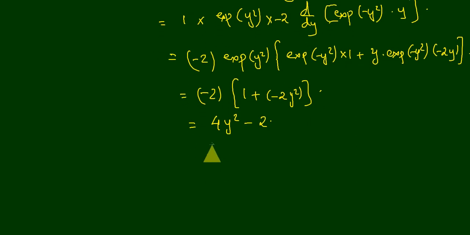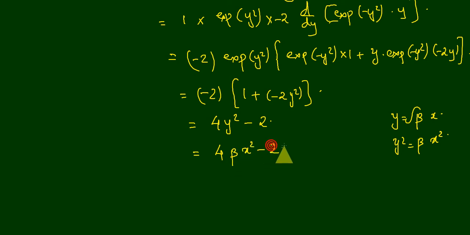4y square minus 2. So I can write y square is equal to beta x square, right? Because y is equal to root beta into x, therefore y square is equal to beta x square. So let me write 4 beta x square minus 2.